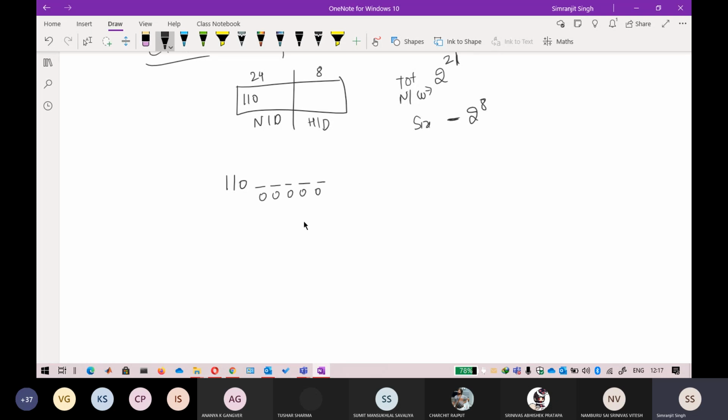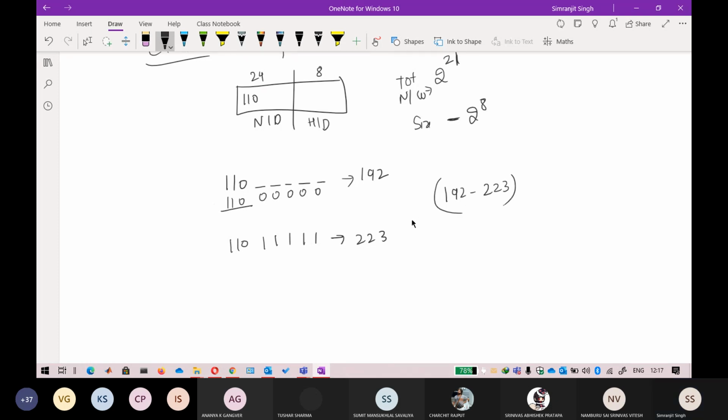What can you get with these 5 bits? So this is already fixed. The range will start from 192. So convert this into 192, 110 is already fixed, and you can maximum go towards all ones. What will be the number here? It is 223. The valid range of class C network will be 192 to 223.